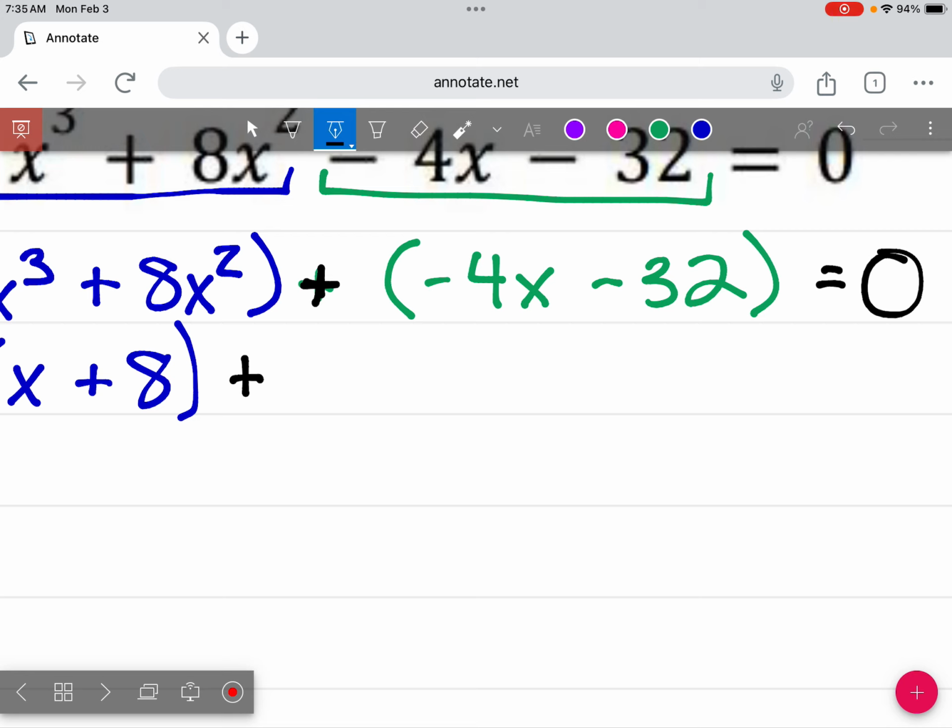How about for my green piece here, my minus 4x and minus 32? What do they have in common? A negative 4. So I can write this as negative 4 times that leftover piece of x, because negative 4x divided by negative 4 is just x, and negative 32 divided by negative 4 is a positive 8.